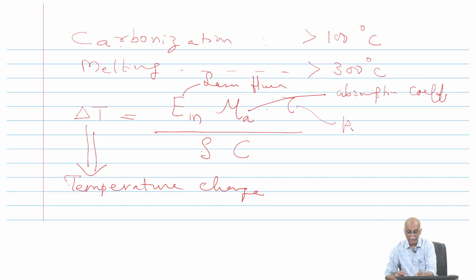Tau is the pulse duration of this laser, rho is the density of the tissue material, and C is the specific heat, the heat capacity. So with this approach we can estimate the amount of temperature rise.